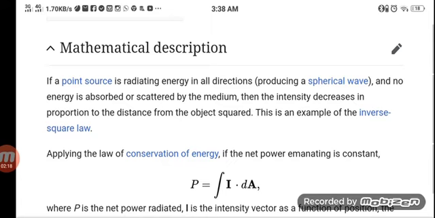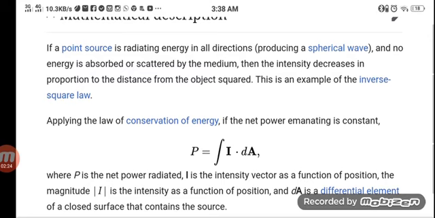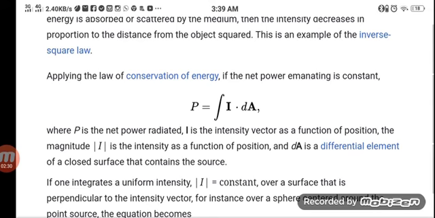Applying the law of conservation of energy, if the net power emanating is constant, P is equal to the integral of I dot dA, where P is the net power radiated, I is the intensity vector as a function of position, the magnitude of the intensity as a function of position, and dA is a differential element of a closed surface that contains the source.